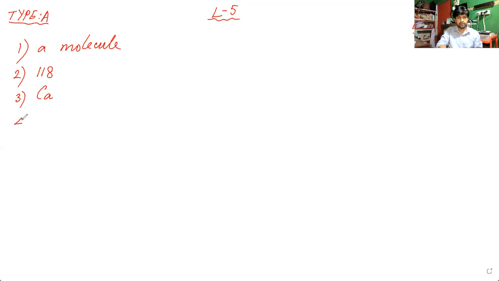Number 4, the answer is 1. Number 5, it is atomicity. So these are the answers of type A. So you write down.